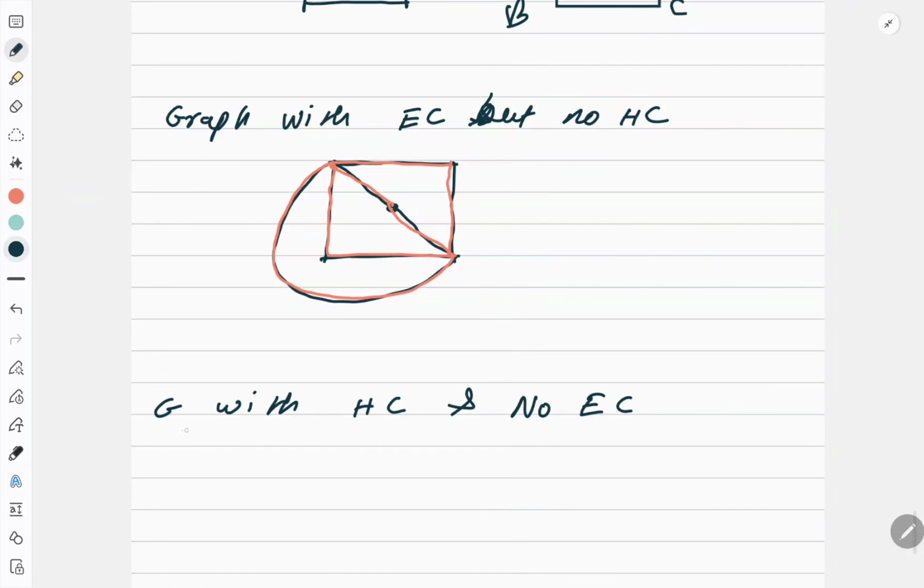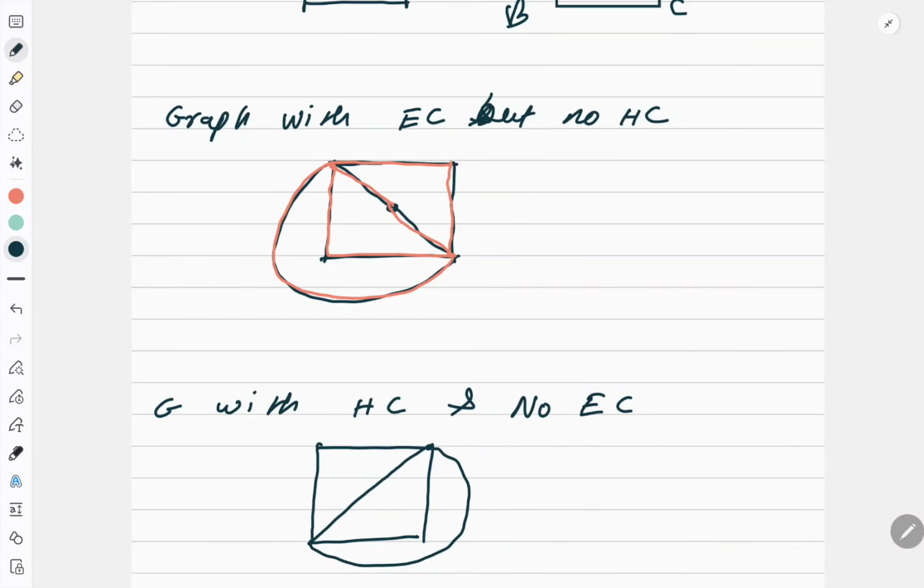Okay. Now come to the next one. A graph with a Hamiltonian cycle, but no Euler circuit. So simple. If you draw like this, just reverse this thing. No Euler circuit I want, right? So look at this one. Now I am not making any vertex at the center, so it will work.